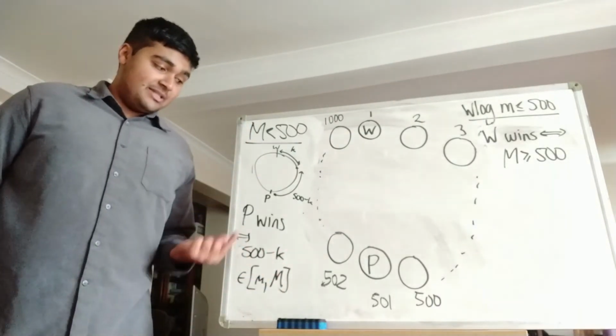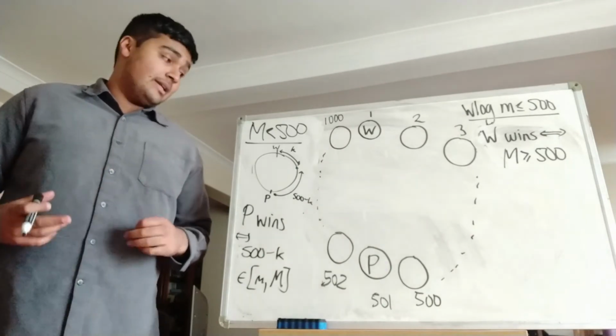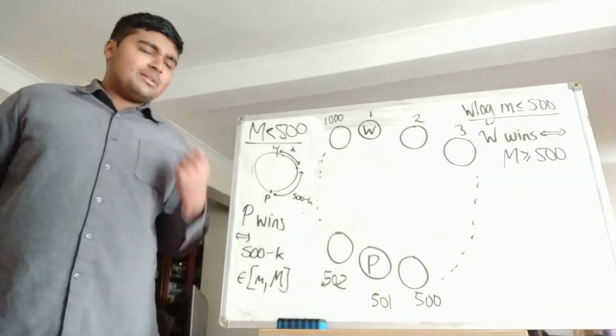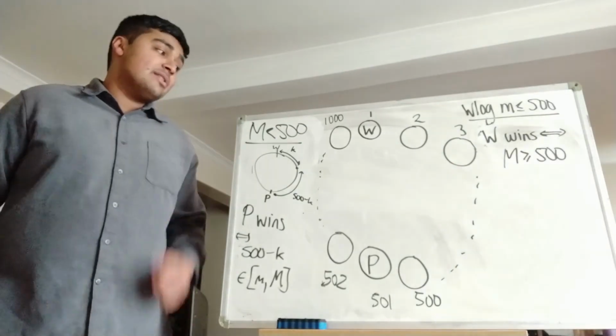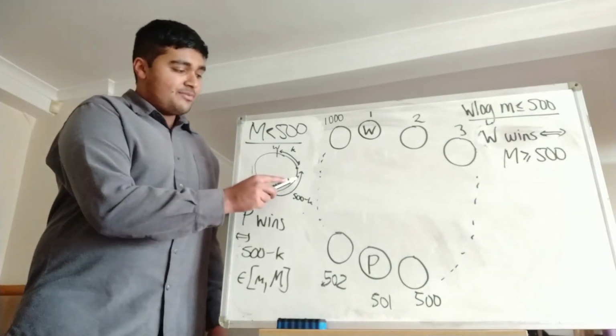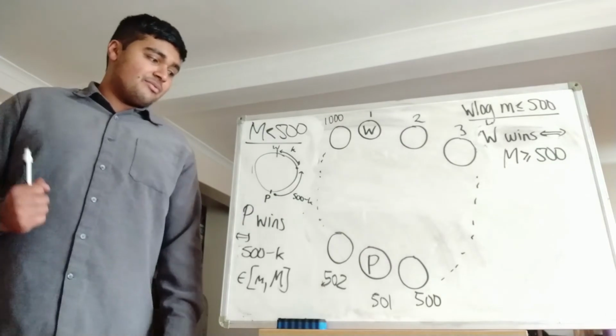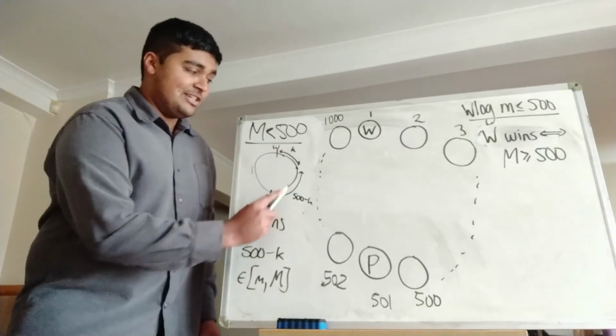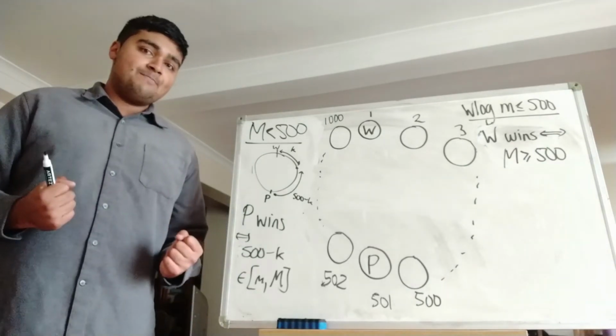However, Wenjie knows this, and obviously doesn't want Paul to win, so Wenjie is going to choose k accordingly. If Wenjie chose k equal to 250, then Wenjie would move 250 to there, but 250 is valid because Paul could just move 250 that direction and land on Wenjie, and Paul would win.